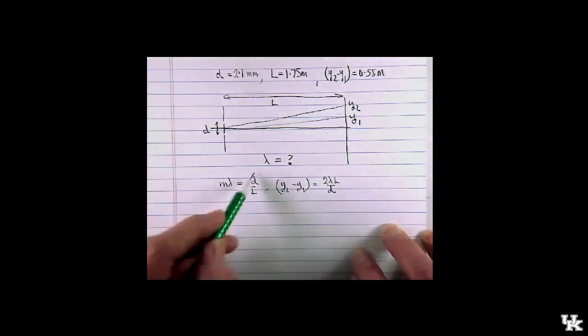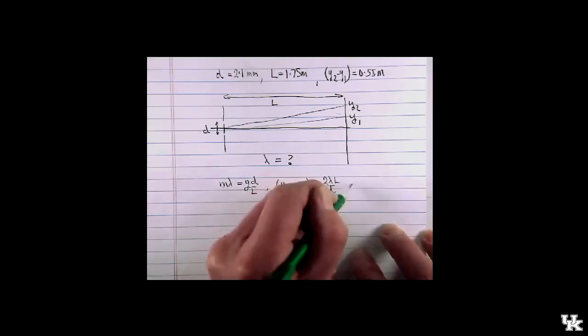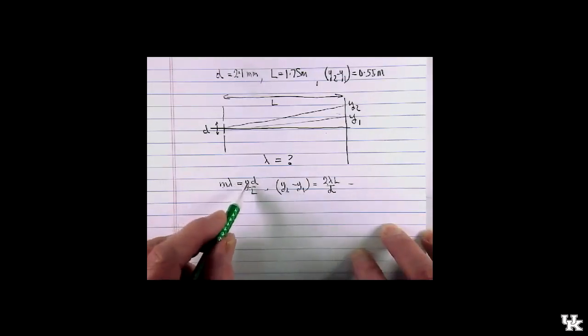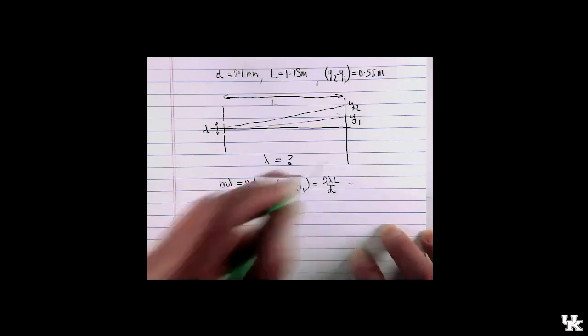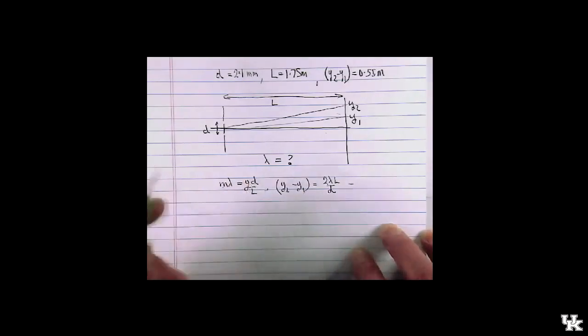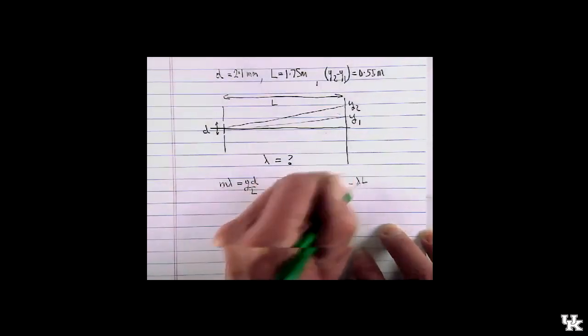So that's taking the master equation and just rearranging it for y2. Let me do the same thing for y1. y1 is when m is 1. So lambda equals y times d divided by L. Now, if I rearrange it for y1, again dividing by d and multiplying by L, I'm going to get lambda L over d.